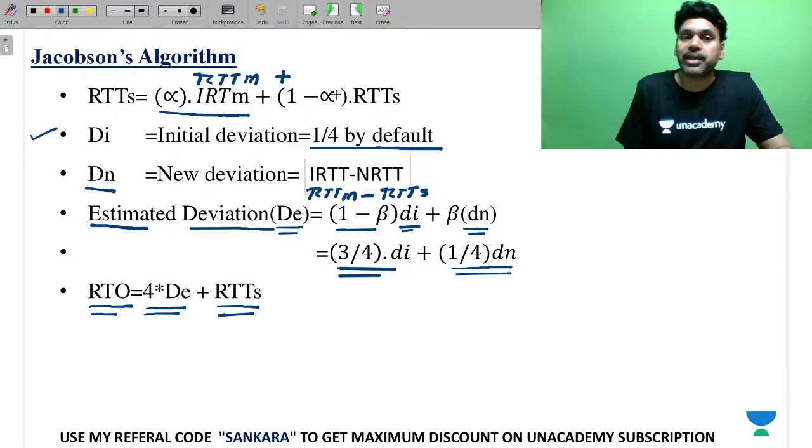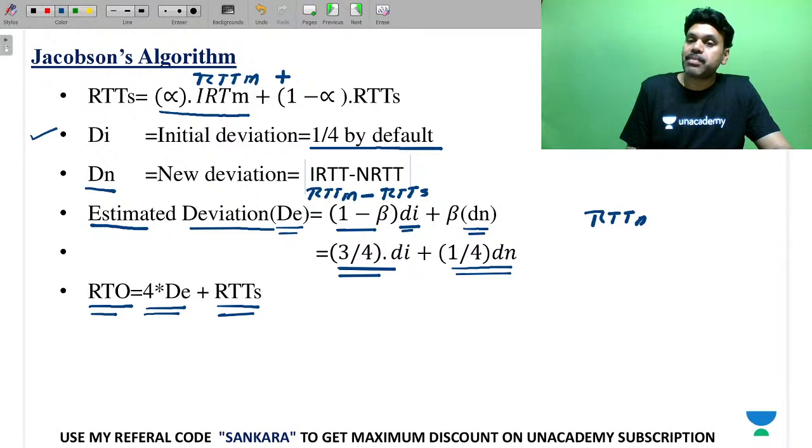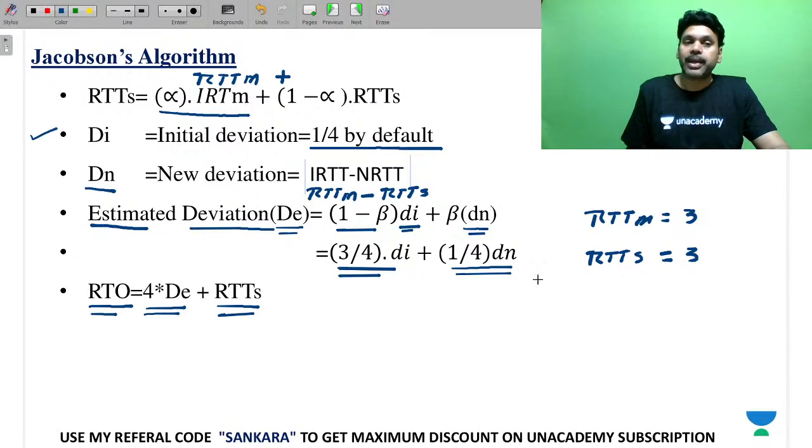Now let us calculate some values here. If I am taking RTTM equal to 3 and RTTS equal to 3 for the first exchange, next we want to calculate your RTTS for the next transmission. In the second transmission, your RTTS you got as 3.